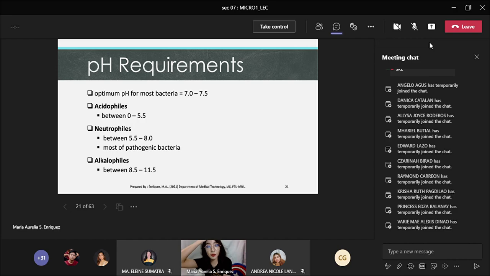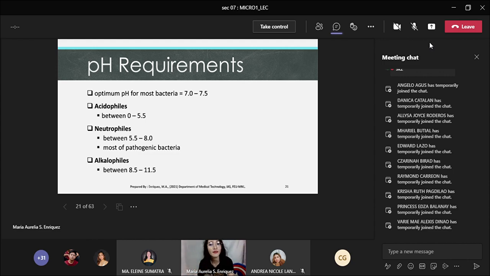Next is their pH requirement. Okay, for pH requirement, the optimum pH for most pathogenic bacteria is at 7 to 7.5. So karamihan po ng mga bacteria na maaaral natin, 7 hanggang 7.5 po yung pH ng mga environment that they choose to grow in.